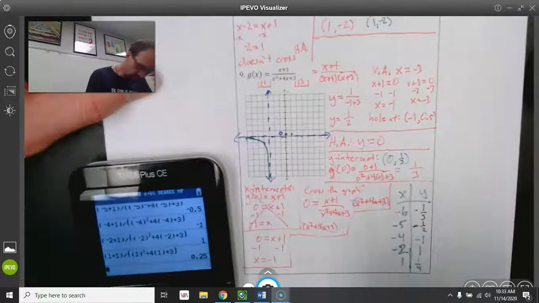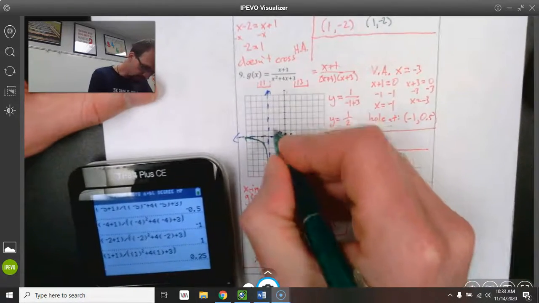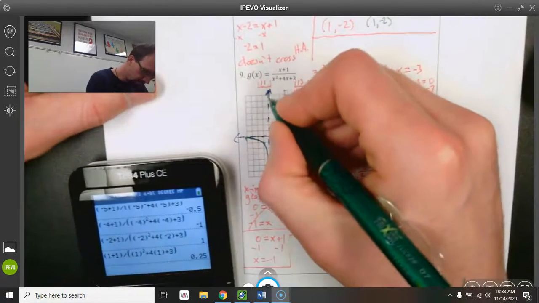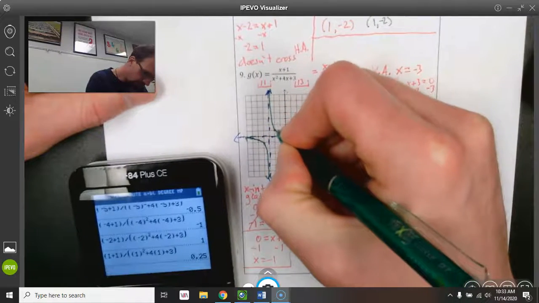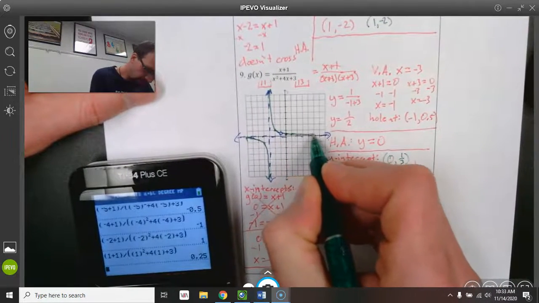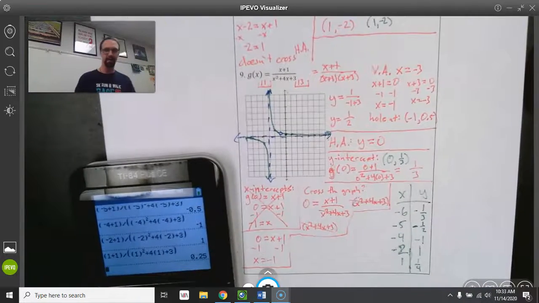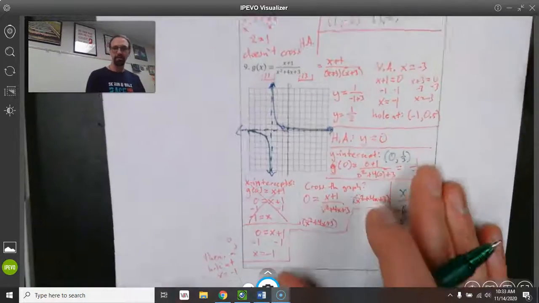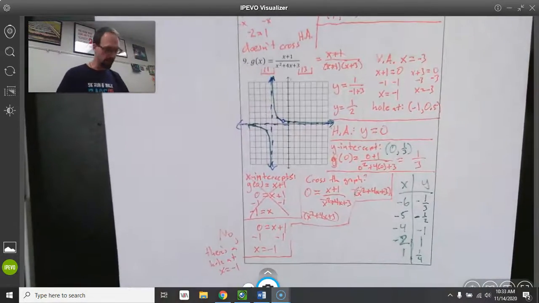So that's there, and that's there. Again, I'm not drawing through that hole there to show that it continues on. So, there we go. There's the graph.